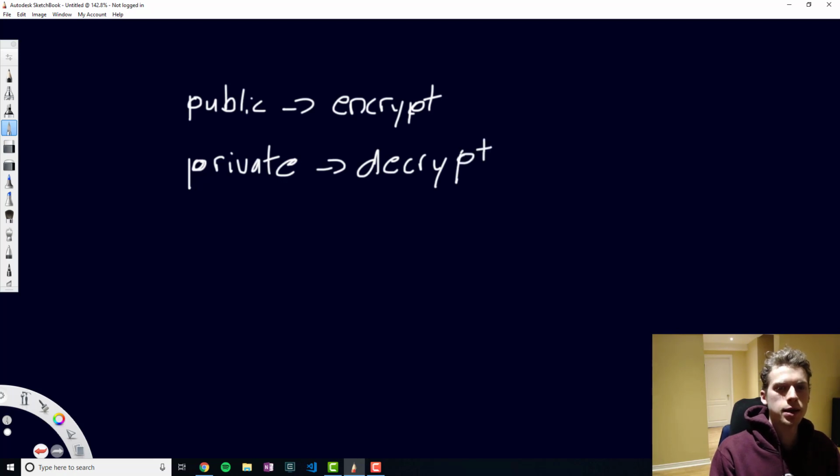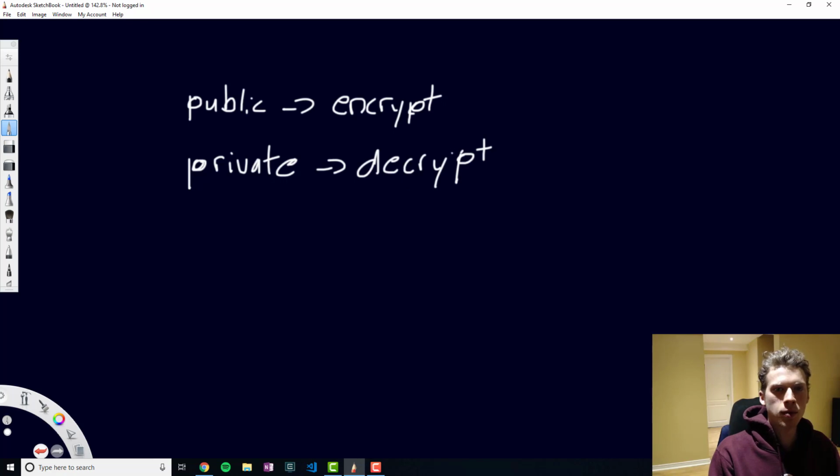And so let's say you want to do some online banking. You will give your public key to the bank, and then all the traffic it sends back to you, it will use your public key to encrypt it. And only you who have the private key are able to decrypt it.